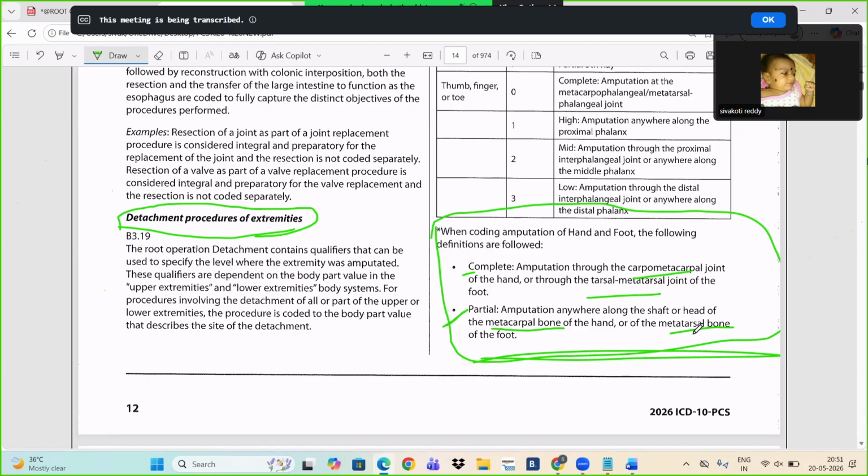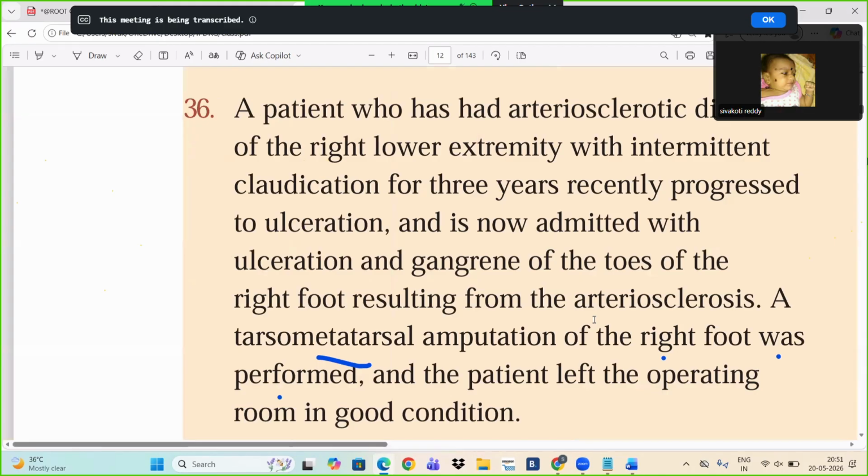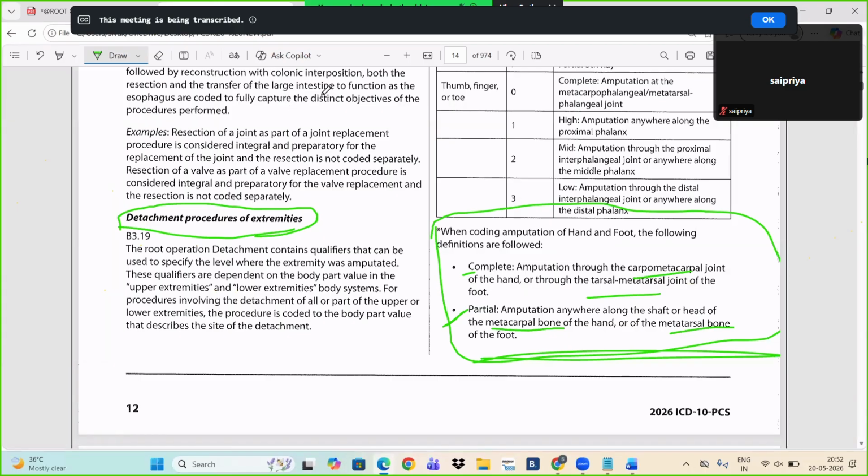So in the question, where are they performing? Metatarsal or tarsometatarsal? Tarsometatarsal. So which means complete or partial? Complete. What is the value for complete? 0. That's it.